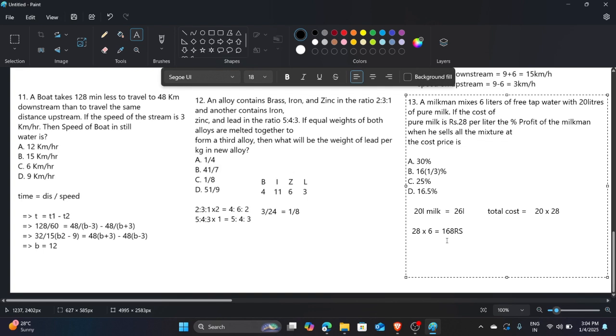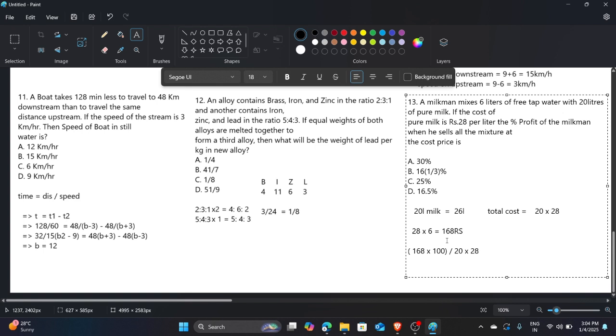So now the profit percent is 168 multiplied by 100, divided by the total cost, which is 20 into 28.